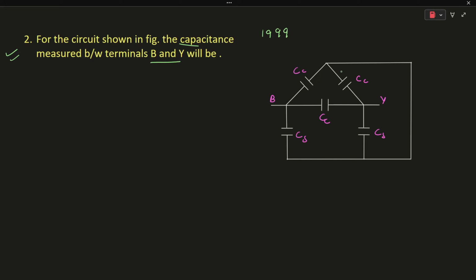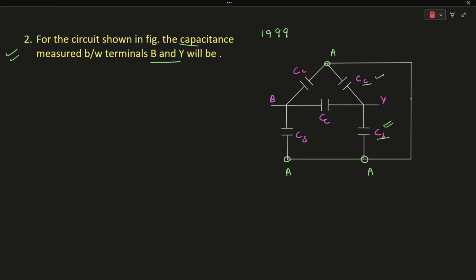Okay. So let's say this node is your node A. As you can see, since this branch is connected to this node, it means that this node will also be equal to A. Similarly, this node is also equal to A. As you can see, the capacitances CC and CS are connected between the same nodes, which are A and Y. It means that these two capacitances are both connected in parallel with each other.